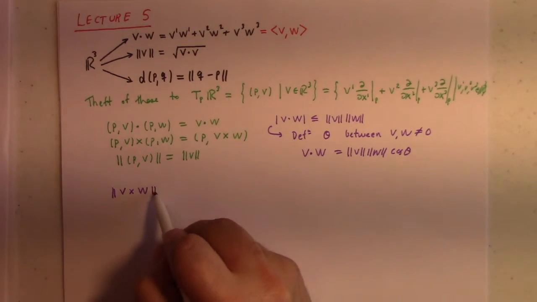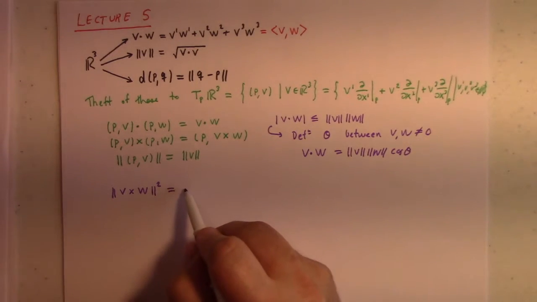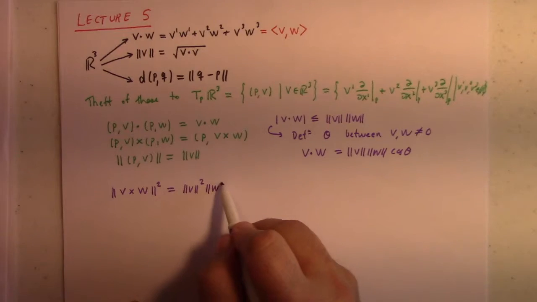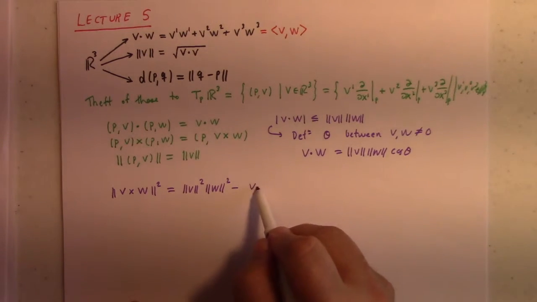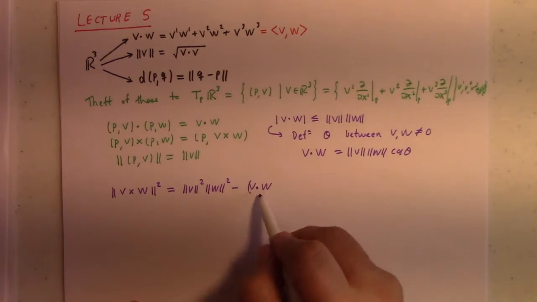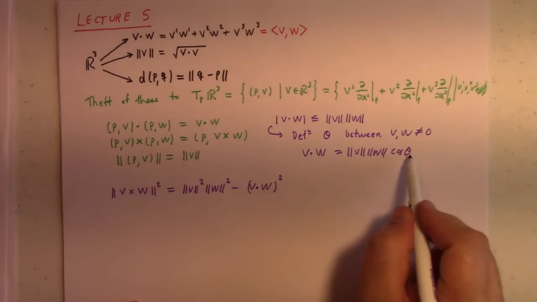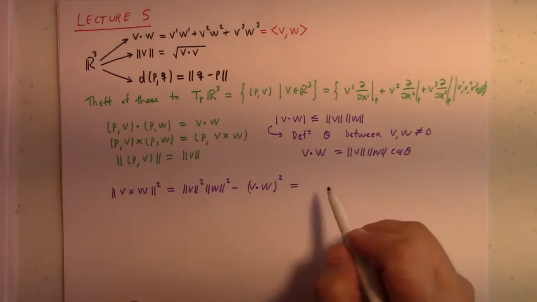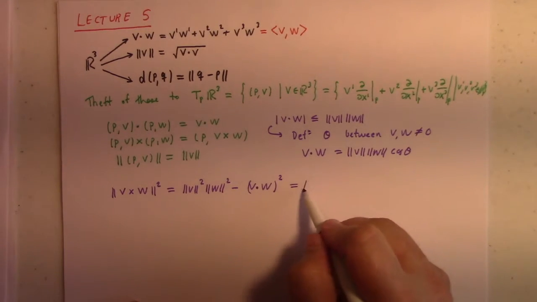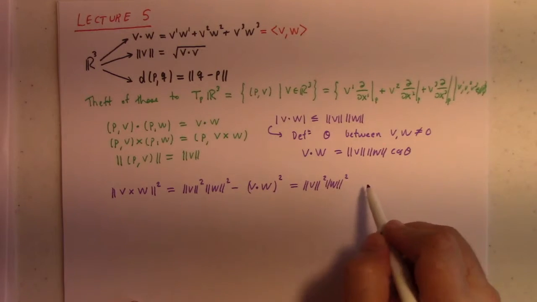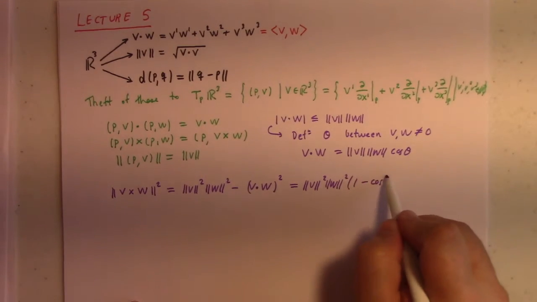But V cross W squared, you can prove that that is in fact the length of V squared, the length of W squared, minus V dot W squared. And so once you have that identity, and you have this identity, it's easy to see that this must be, of course, length of V squared, length of W squared, 1 minus cosine squared theta. Okay, but what's that?